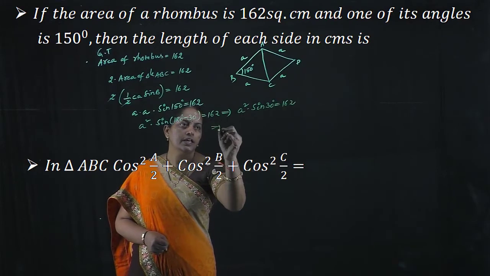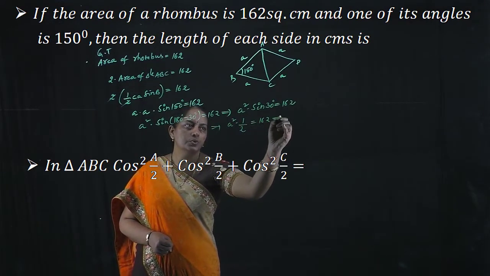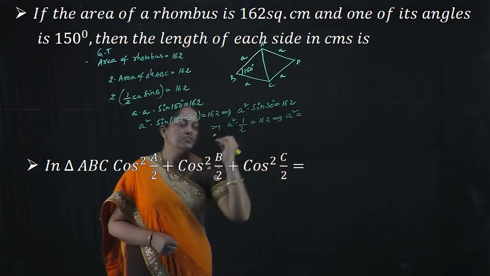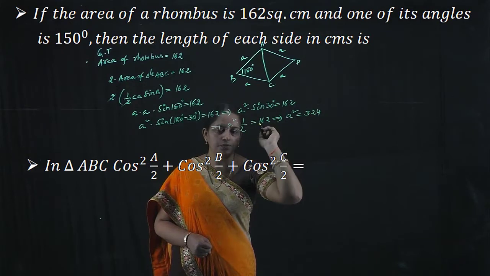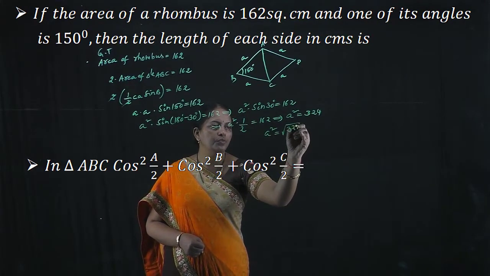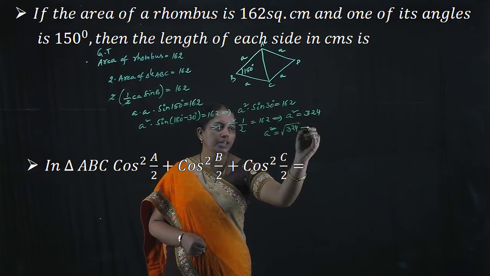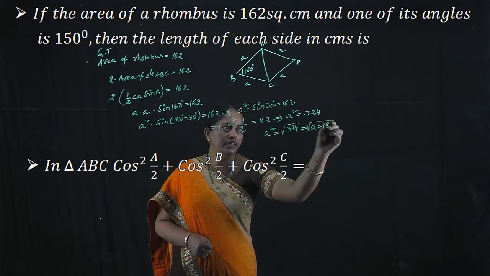And we know that sine 30 degrees is 1 by 2. From this we can write a square is equal to 2 into 162, that is 324. Hence a equals root 324. Hence a is equal to 18.